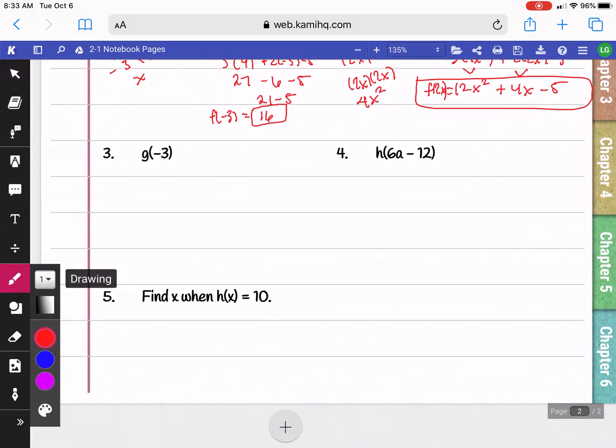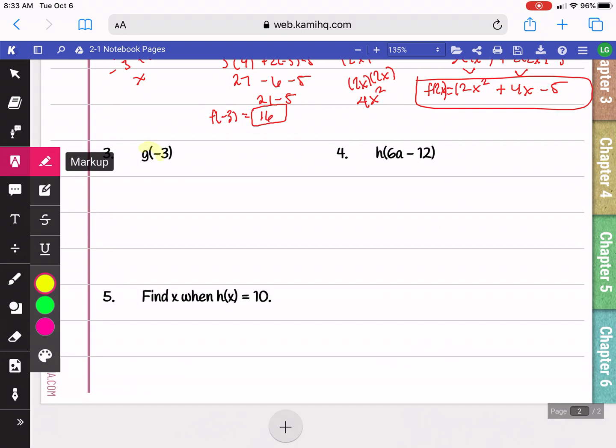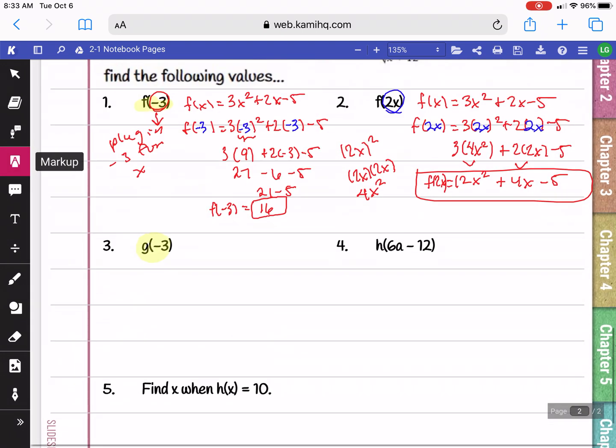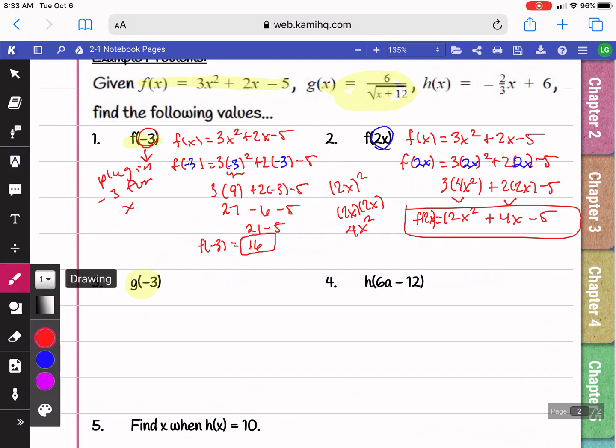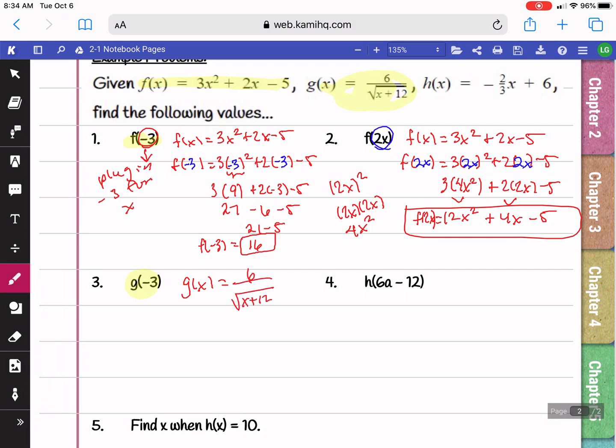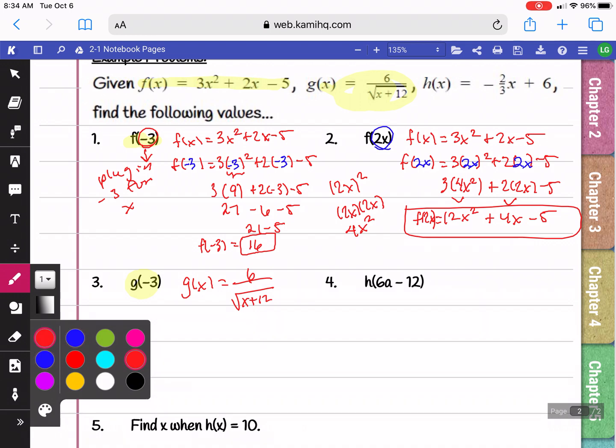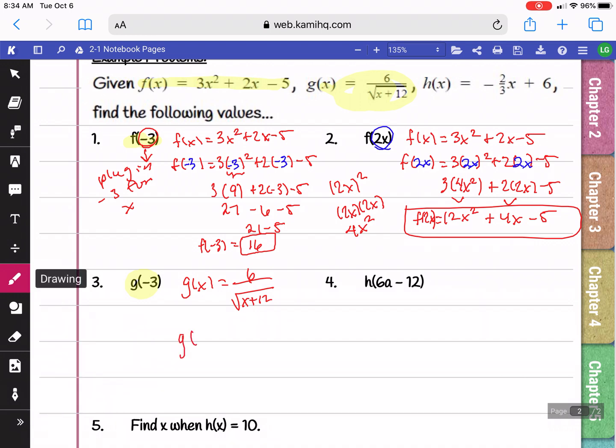Our next problem wants us to do g of negative 3. Let's see what g is. They told us g of x equals 6 over the square root of x plus 12. I'm going to write the same problem, but everywhere I see an x, I'm going to put empty parentheses so I know to plug in my negative 3.